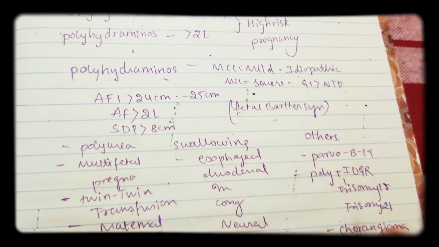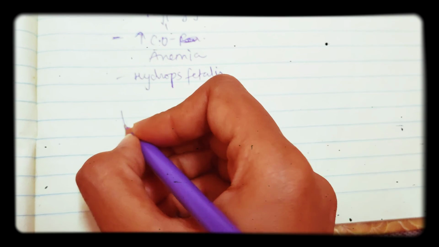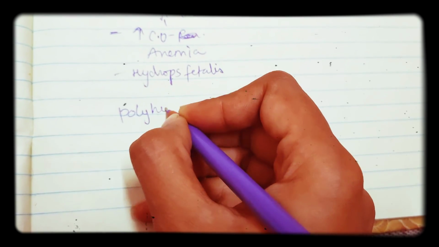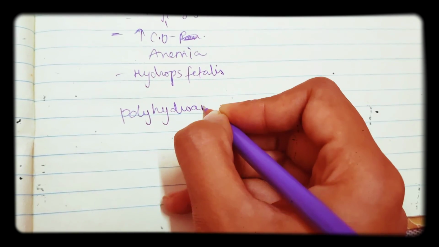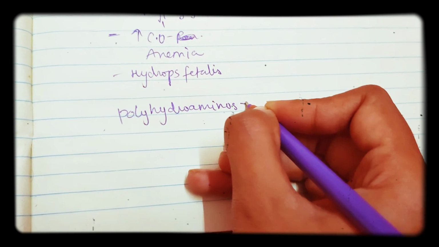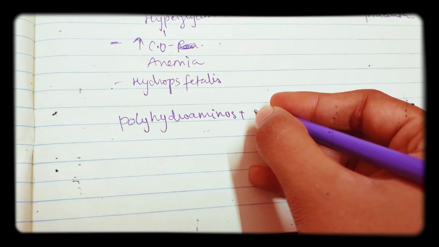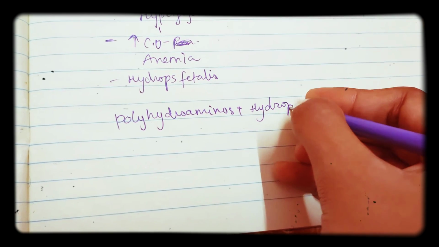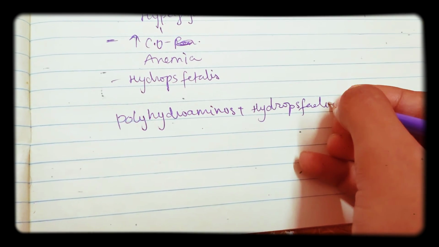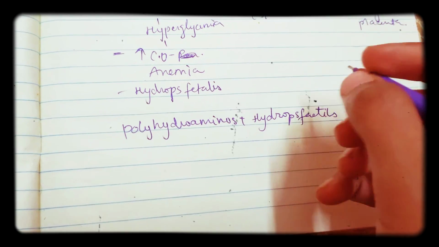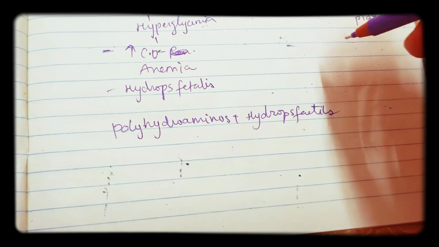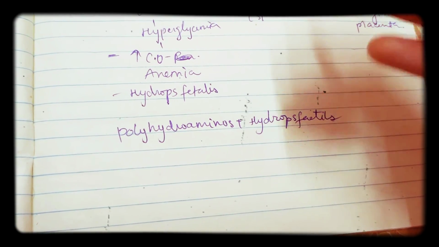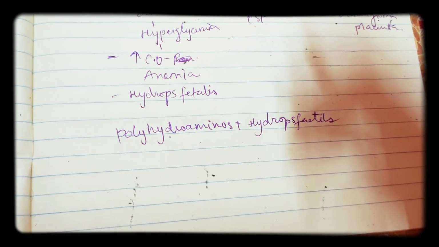Now let us see, in some cases there is polyhydramnios with a problem like hydrops fetalis. If both are together, in what cases can you see both? You can see this mainly in parvovirus B19, and also in Rh isoimmunization.